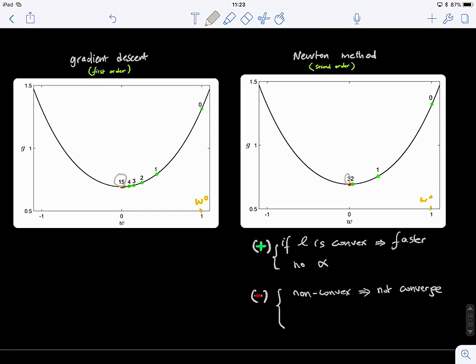Another one: if you are using the inverse of the Hessian matrix, if you're not solving the n linear equations, then inverting the Hessian matrix might be computationally expensive, because imagine that you need to store, for example, 10K parameters.